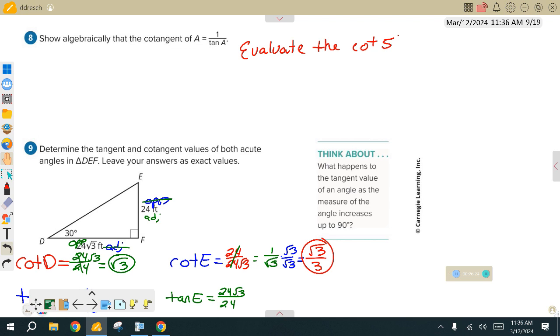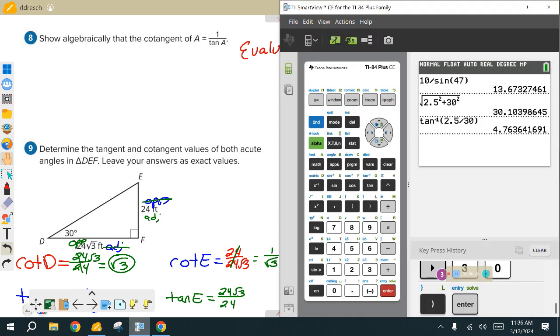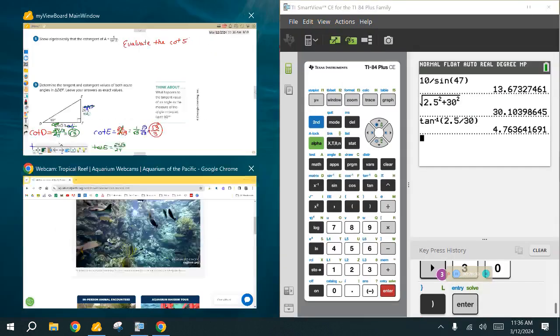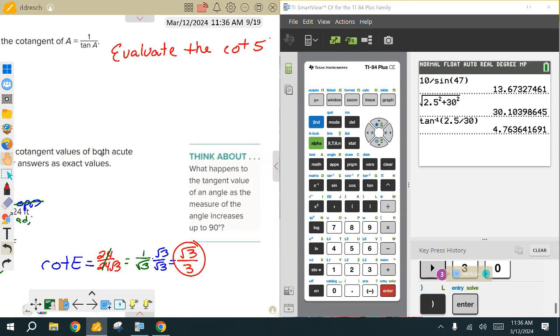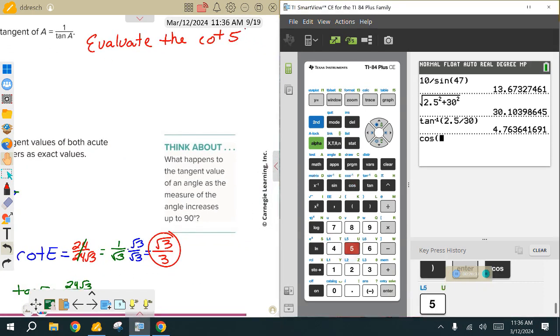So, here's the thing. Your calculator, when you say evaluate, I can plug in, let's say, the cosine of 5 degrees. Your calculator is going to look in its libraries. It's going to look at the 5-degree angle and the cosine, and find this number.